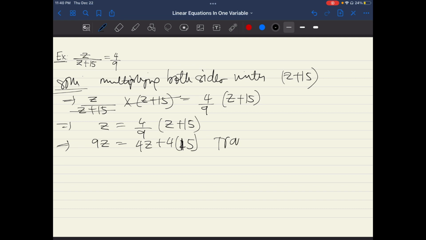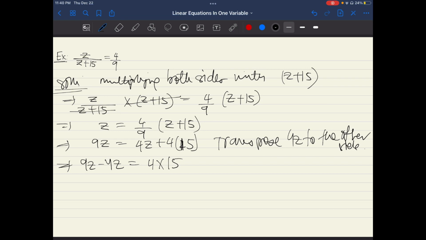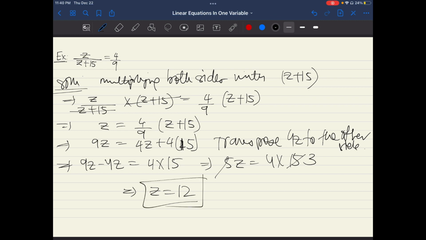Transpose 4z to the other side, we get 9z minus 4z equals 4 times 15, or we can say 5z equals 4 times 15, which implies the value of z is 12. So z equals 12 in this case.